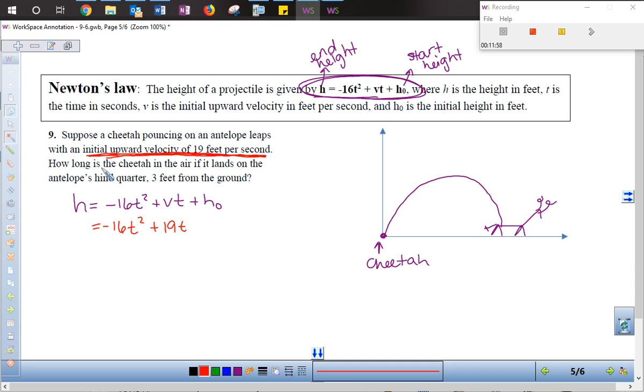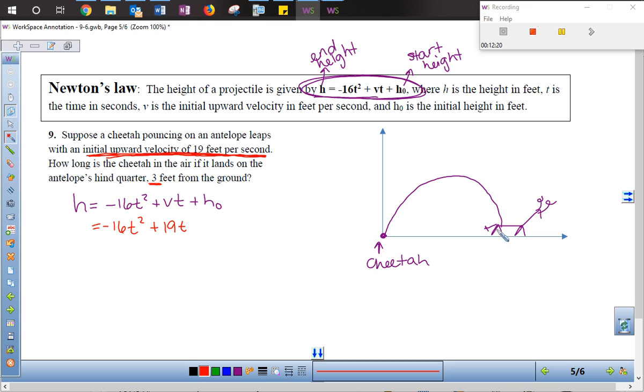Now it says how long is the cheetah in the air if it lands on the antelope's hindquarter 3 feet from the ground. So when he lands on the antelope's hindquarter right here, he is 3 feet off the ground. Now that 3 is going to represent a height. I just have to figure out if that's where he ended or if that's where he started.